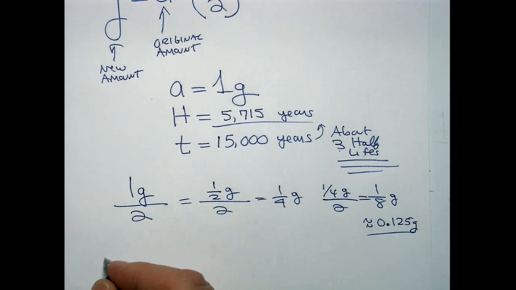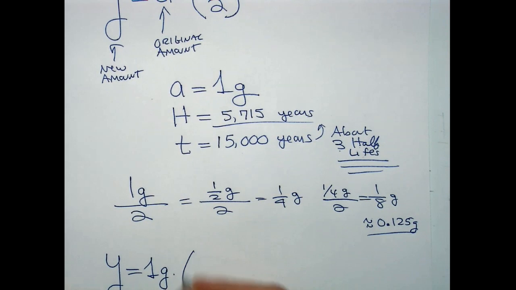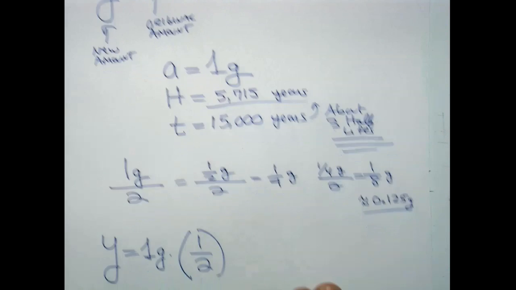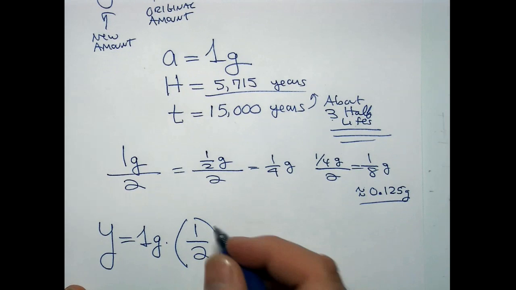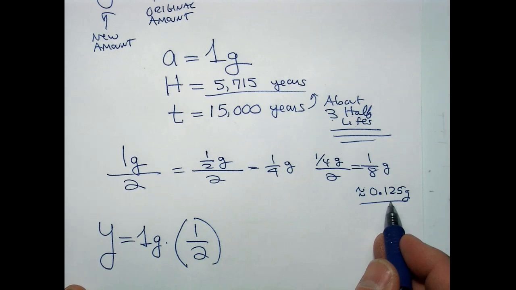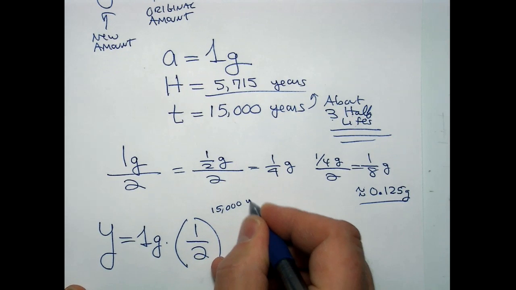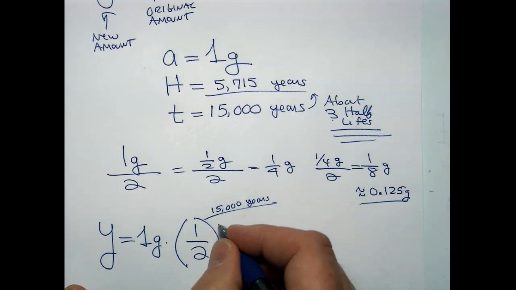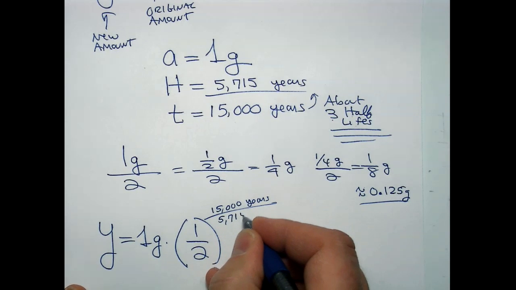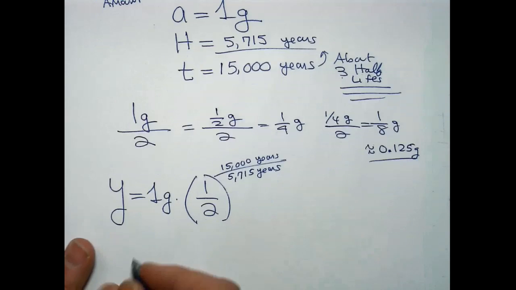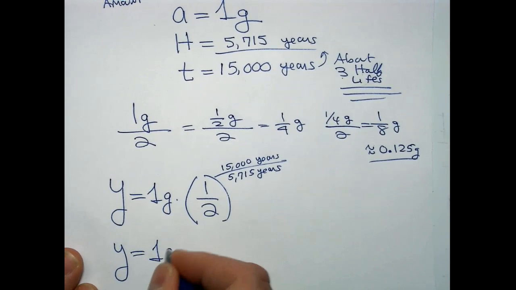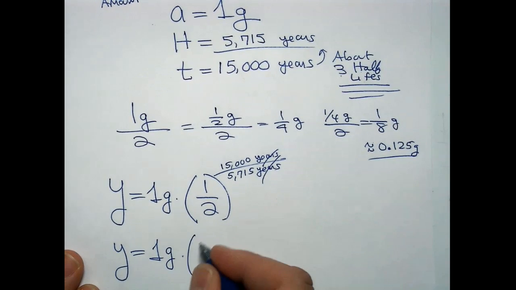So let's run this formula through and see what we have. Now, the original amount would be 1 gram. I'm just showing you that we do use other bases other than e. We use a half as a perfect base for this. We should end up with about 0.125. Now, we allowed 15,000 years to go by. It is a unit of years. The half-life is 5,715 years. And so what we need to do now is take 1 gram, and you notice the units cancel.